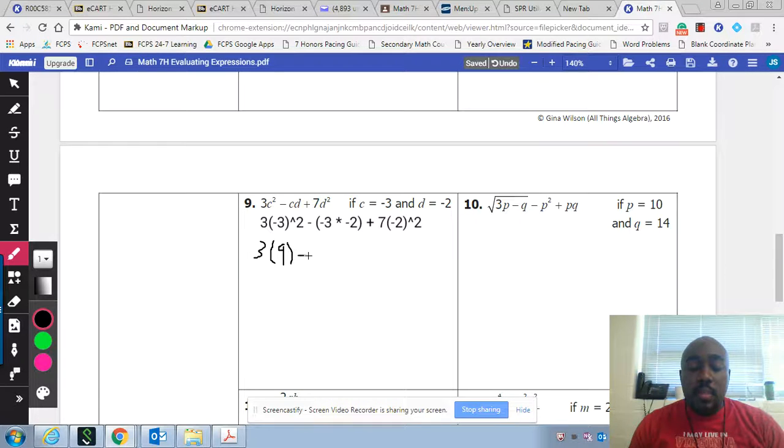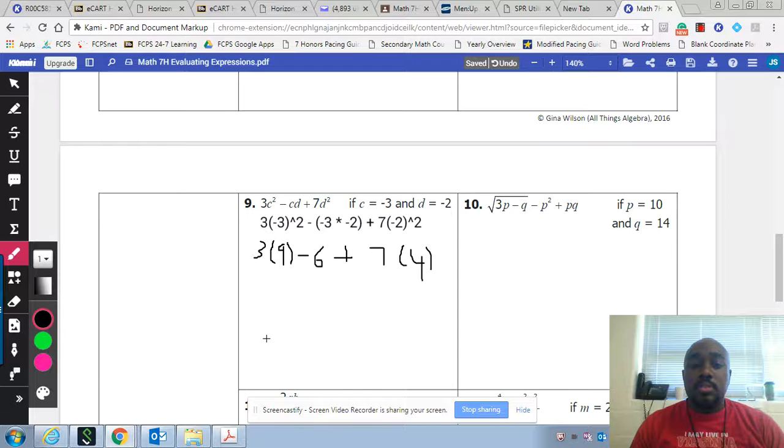And then we have minus, well, the answer we got here was 6. And then we have to do this exponent as well. -2 times -2, a negative times a negative always equals a positive. So as a result, our answer there is going to be +4. So now we have 7 times 4.